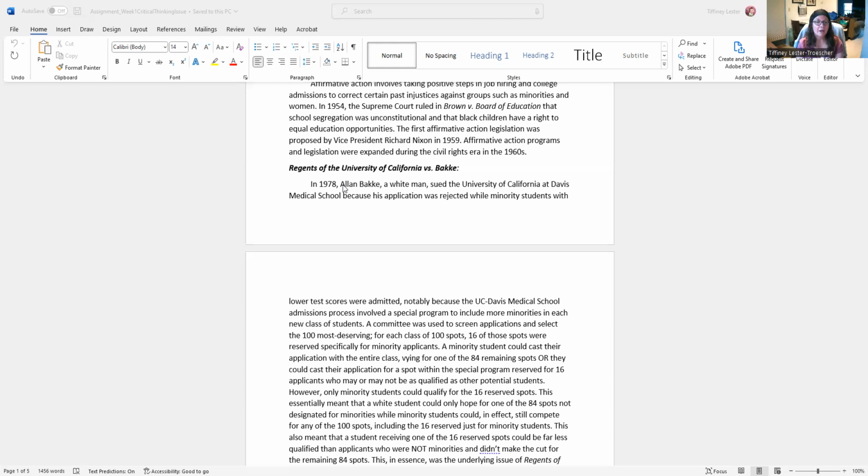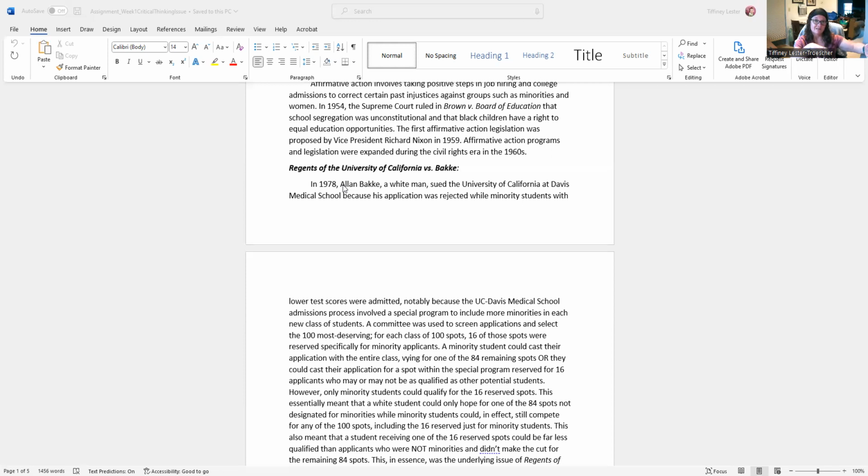However, a white student could only apply for the remaining 84 spots. They would not be considered at all for those 16 spots reserved for minority applicants, right? So white students only had a 1 in 84 shot.